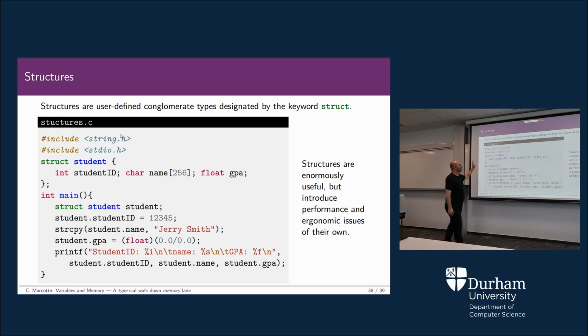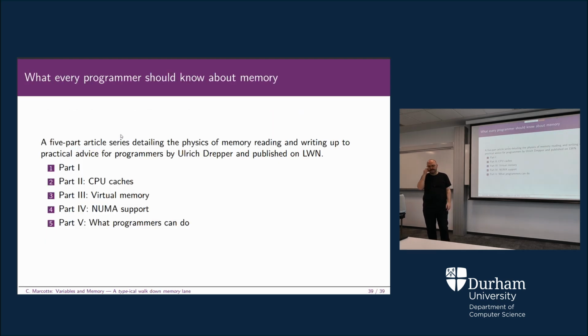So structs are great. You are probably not going to use them very much in C, but they're good to know about. Okay, so that is memory and types, variables.